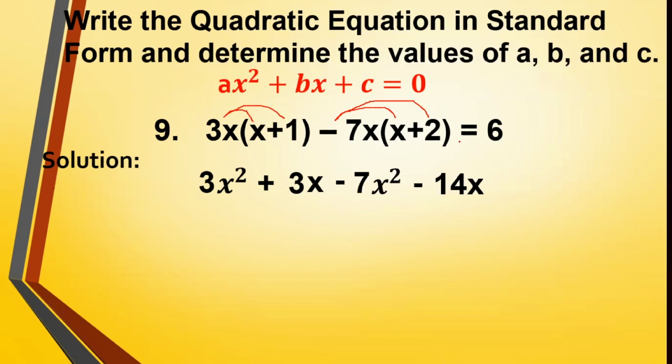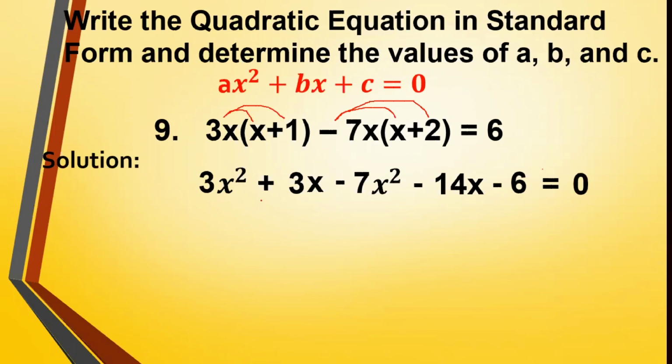If it is positive 6, ano mangyari sa kanya? Magiging negative po. Okay, transpose lang natin yung 6 na yan kasi dapat after ng equals ay 0 po eh. So dahil positive 6 yung after ng equals, i-transpose natin siya sa kabila ng equals sa left side and then palagi po ay equal 0 po yan dyan. Okay po? Okay, sige.